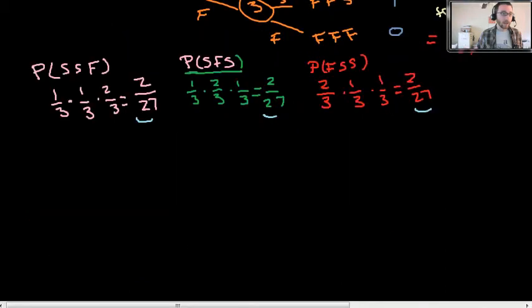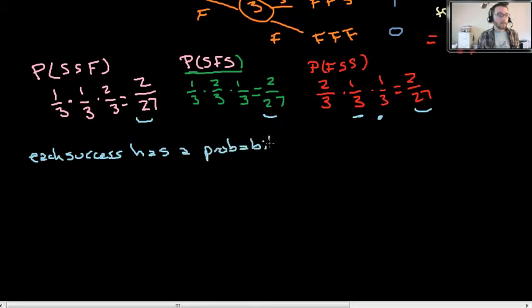You can see that every time we had a success, we had our 1/3, right? Those match. And every time we had a failure, we had 2/3. And as we walked through the tree, we saw that. And so each success has a probability of P, and there are X of these, right?